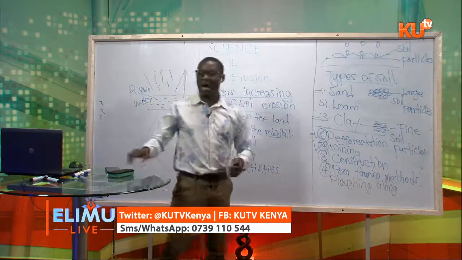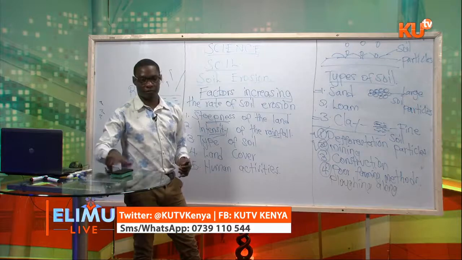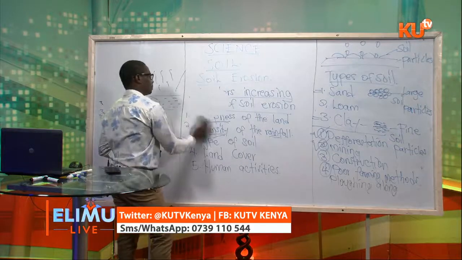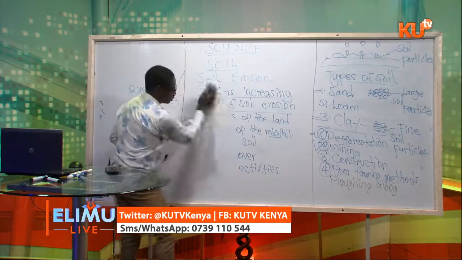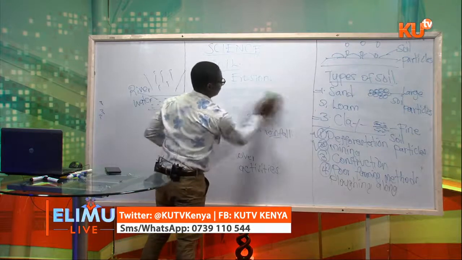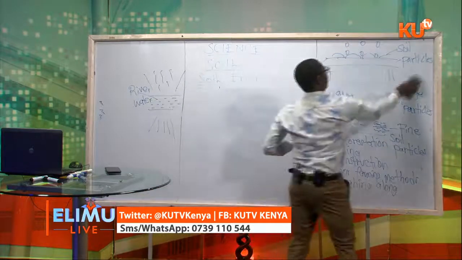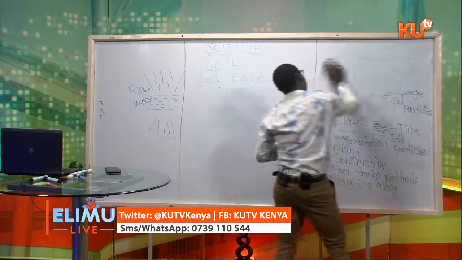So we can look at our last objective, which is types of soil erosion. This one is our last objective, which also forms part of the main part of the lesson.